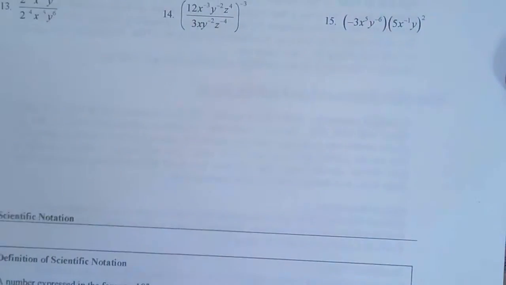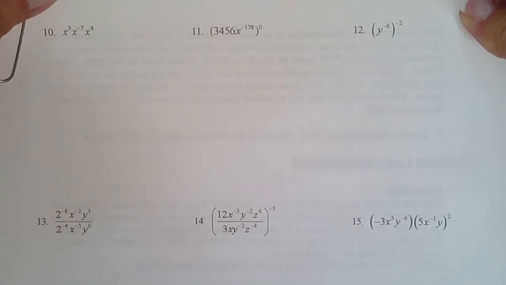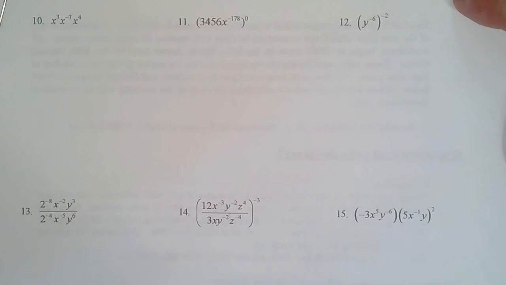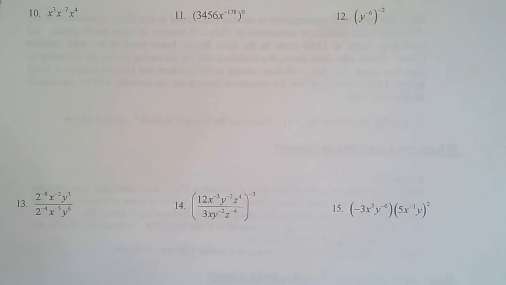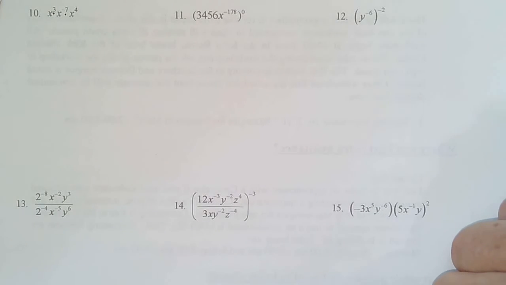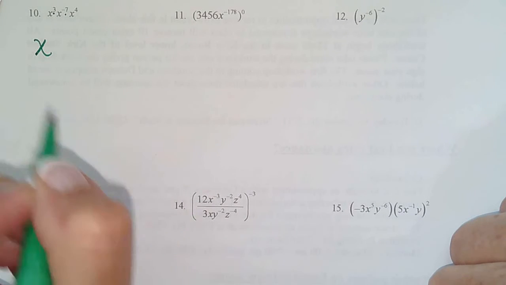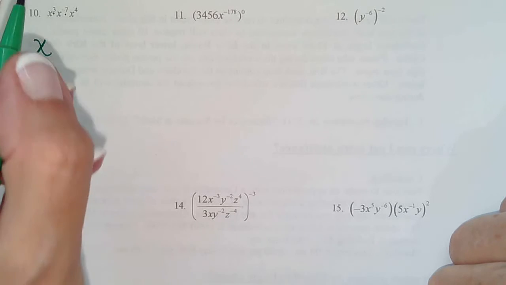So we have about 3 more easy ones, and then we have about 3 that are going to be a little bit tougher. So, what property do you think number 10 is? Multiplication rule, right? So multiplication, on the last page it said keep the base the same and add the exponents.